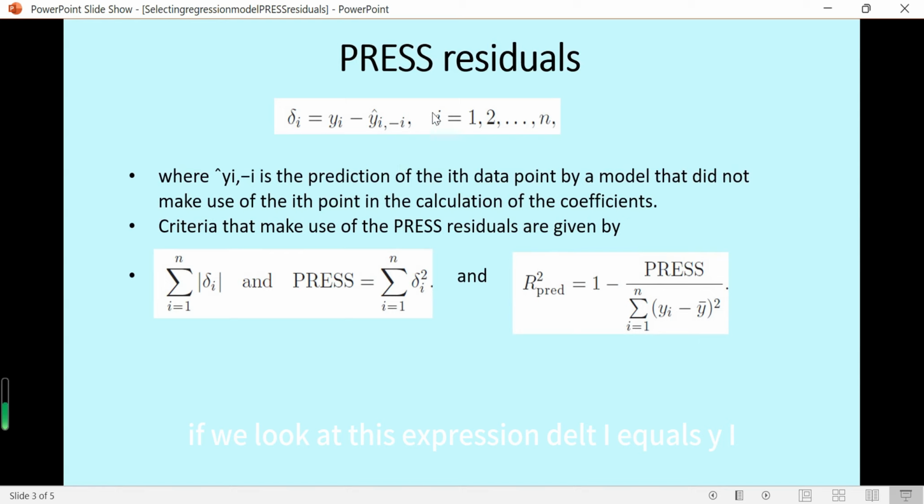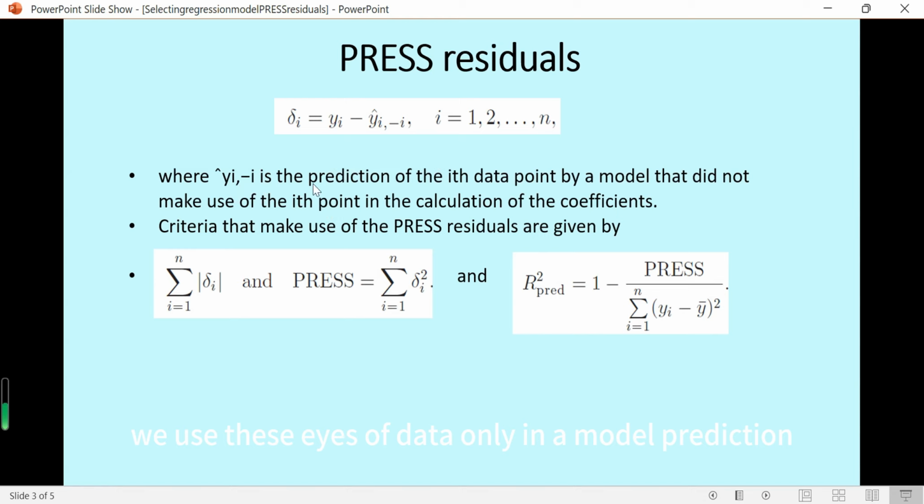If we look at this expression, delta_i equals y_i minus y hat_{i,-i}, where i is 1 to n for n observations. So here y hat with subscript comma minus i means in estimating the model, we do not use the i-th data.